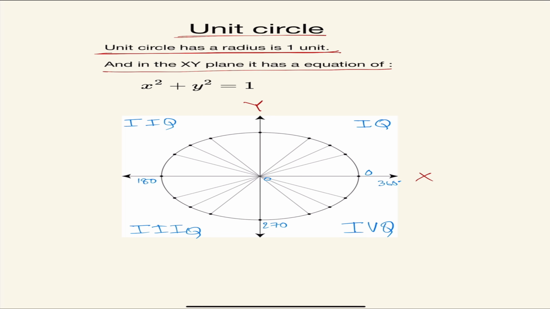In terms of pi, it's still 0. I forgot to tell you, this is 90 degrees, and it's also pi by 2. This is just pi. This is 3 pi by 2, and this is 2 pi.